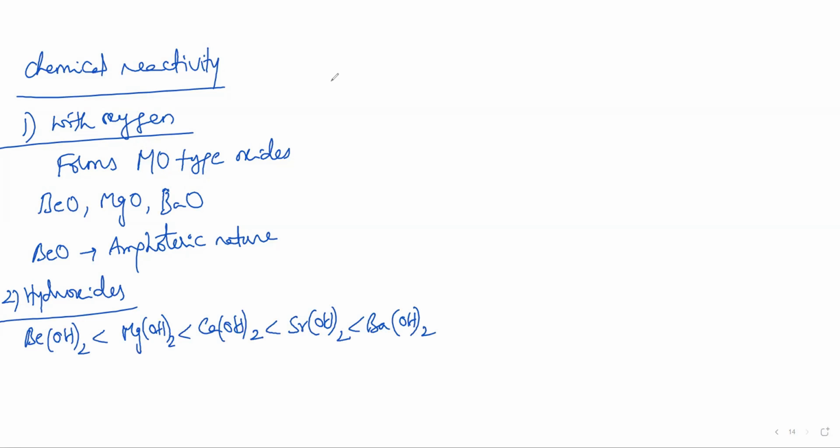Again, this beryllium hydroxide is amphoteric. Next.